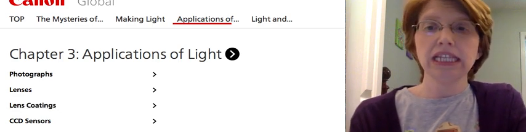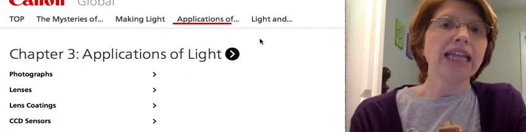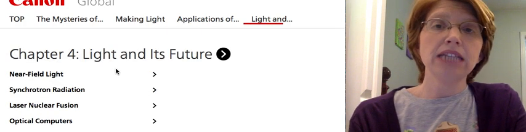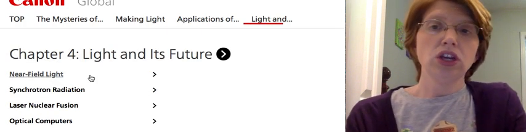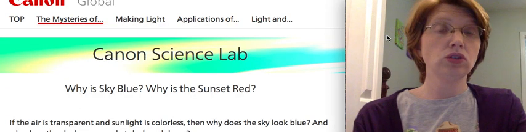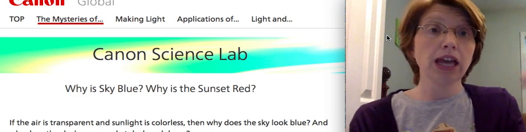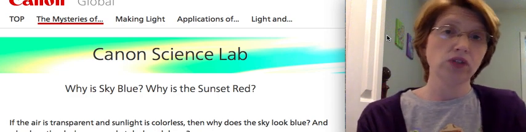Photographs, lenses, DVDs is down here, optical fibers. And then the last one is light and its future. So this is going into kind of what they might use light to do later. What are some inventions coming up, things that they're thinking of using it?